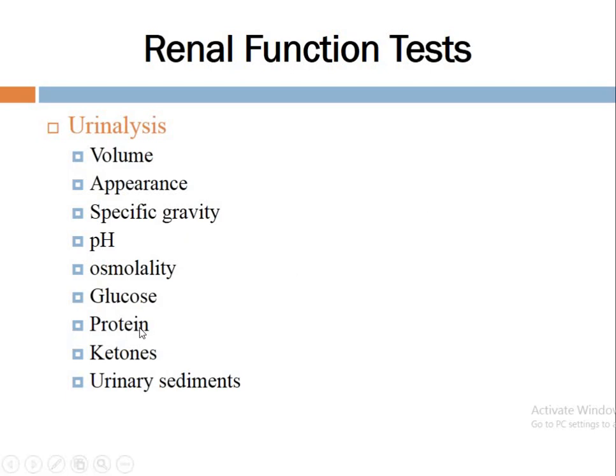A minimal level of protein can be seen as normal, but if protein is present in excess of the normal value, it is known as proteinuria. Similarly, in certain conditions, particularly diabetes mellitus, ketones might come into the urine, so these ketone levels are also assessed.